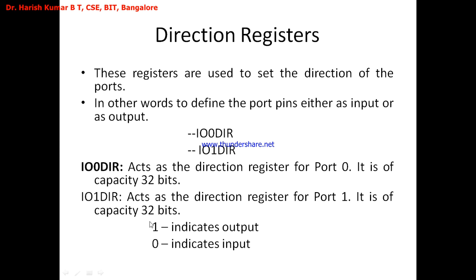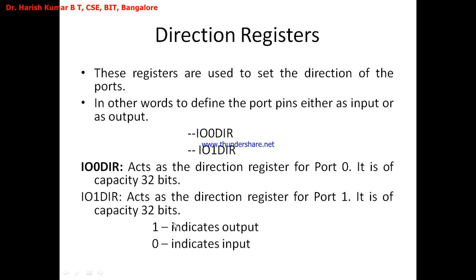To make any particular port pin operate as input, you make it 0, and to make any port pin operate as output, you make it 1. So this is opposite to 8255. In 8255, 1 means input and 0 means output, but here 1 means output and 0 means input.